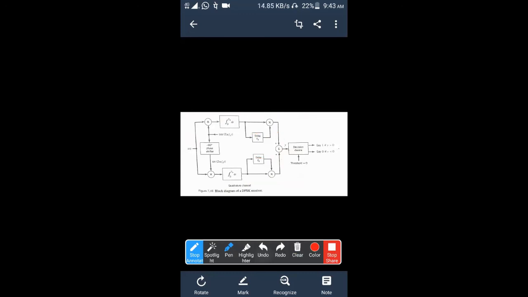Suppose bit 0 is coming. Bit 0 is the incoming bit. Then if it is cos theta here, incoming will be minus cos theta. If it is minus sin theta here, incoming will be plus sin theta. Multiply these two. Plus cos theta times minus cos theta is minus cos square theta.